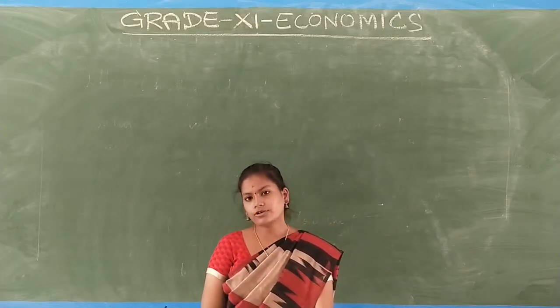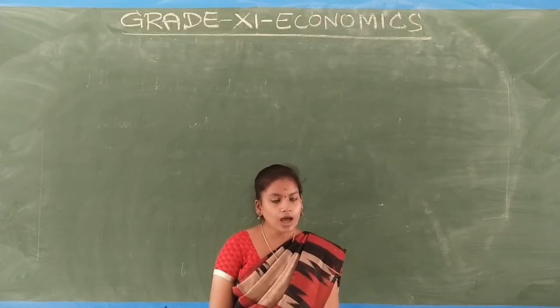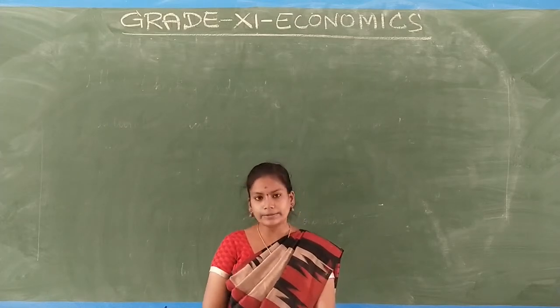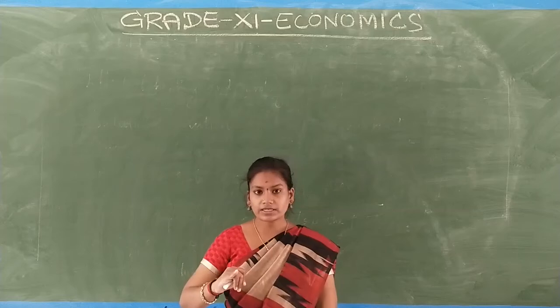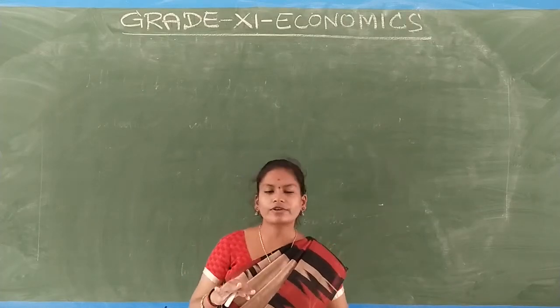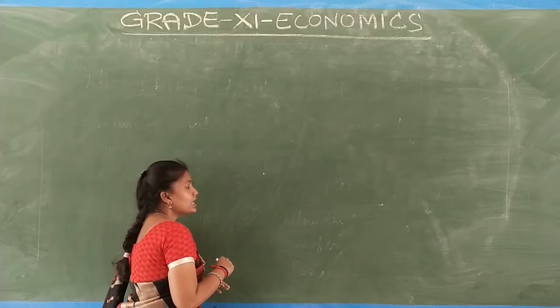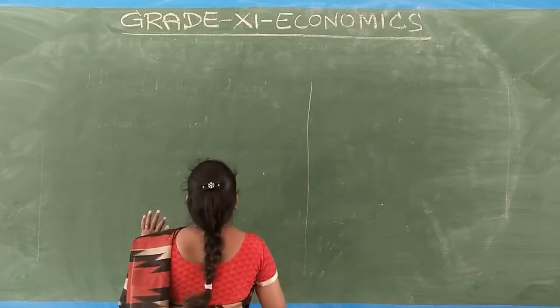Right. Next, what are we going to do? We are going to go into the third form of presentation of data, which is called the diagrammatic presentation of data. Children, already we have discussed 2, textual presentation and tabular presentation. The third one that we are going to talk about is the diagrammatic presentation of data. Fine.